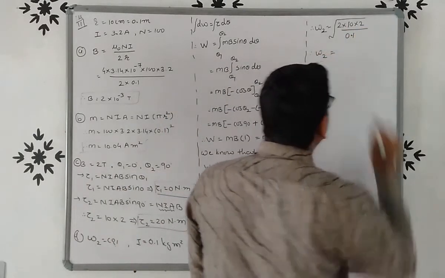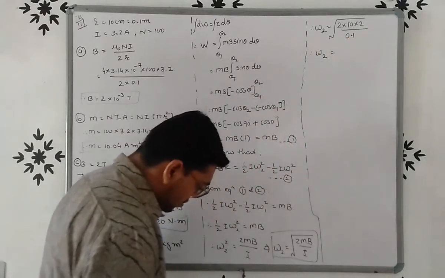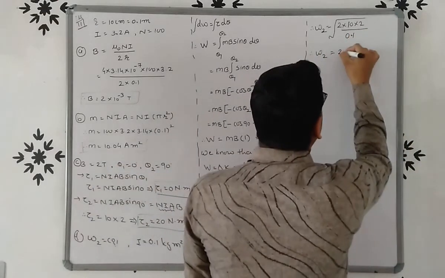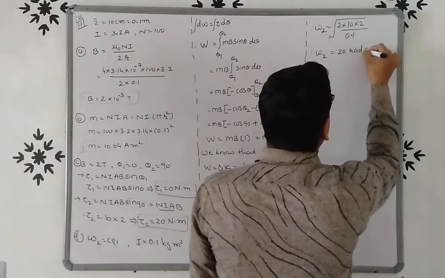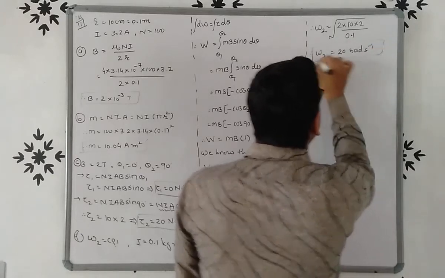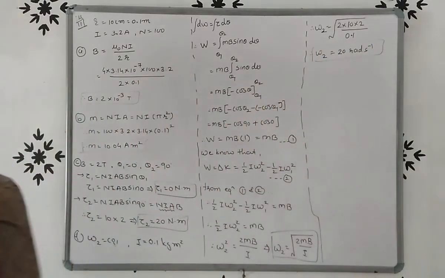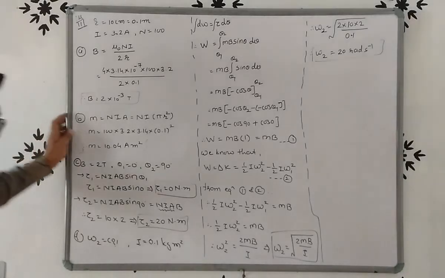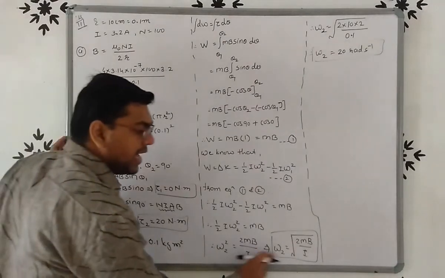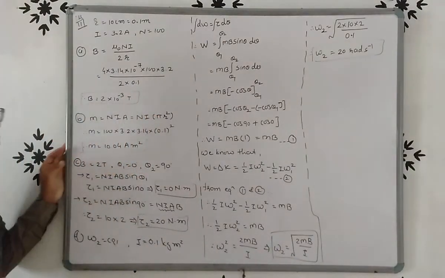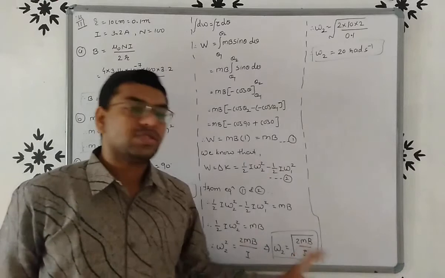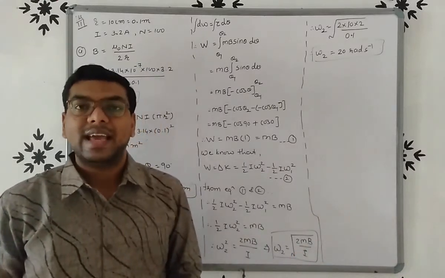If you calculate this, you will get omega 2 as 20 radian per second, right? So this is a very important question. The question will be like this: prove the relation between angular speed, that is omega, and I. So you have to prove omega is equal to the square root of 2 mB by I.